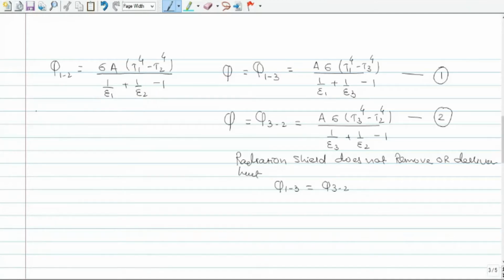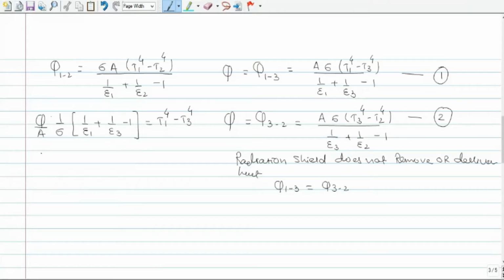So what exactly becomes? Here it is Q divided by A, meaning I carry this A over here, into 1 upon sigma in the bracket 1 upon E1 plus 1 upon E3 minus 1 equals T1 to the power 4 minus T3 to the power 4.